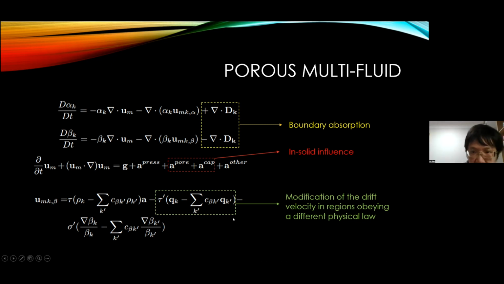There is a slight modification to the original drift velocity. In the original drift velocity calculation, there is a term corresponding to the pressure gradient.